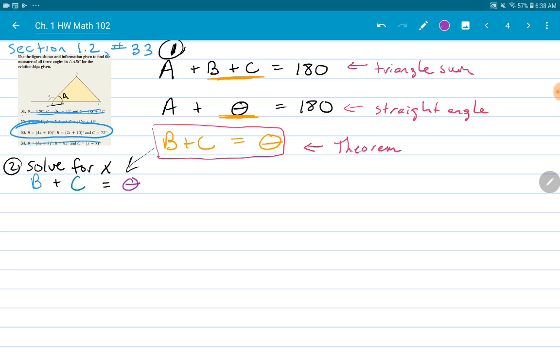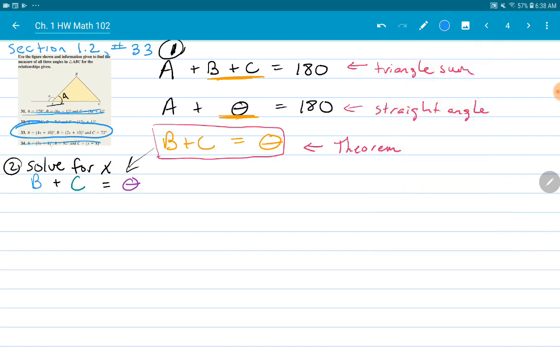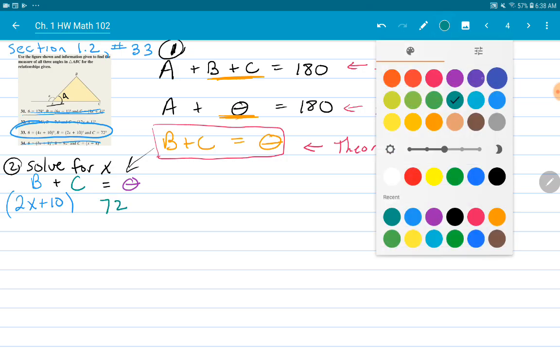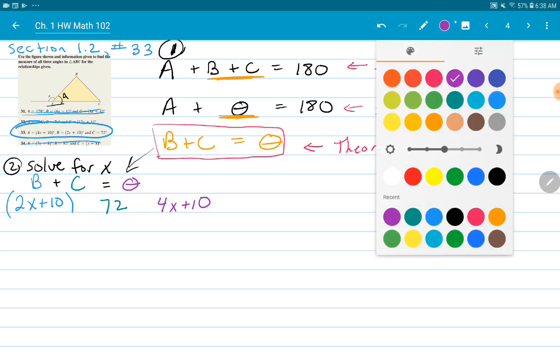And B is, whoops, sorry, wrong pen. Good. Okay, B is 2x plus 10, C is 72, and theta is 4x plus 10. And those are all degrees.